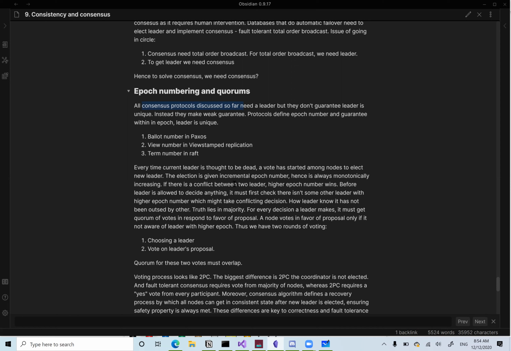And so basically overall consensus is reached by the overlap of both, that the leader should also be of the same term, and the leader also needs a quorum, and the message that has to be acknowledged should also be agreed upon by the leader.